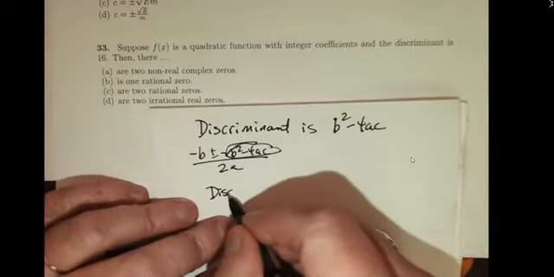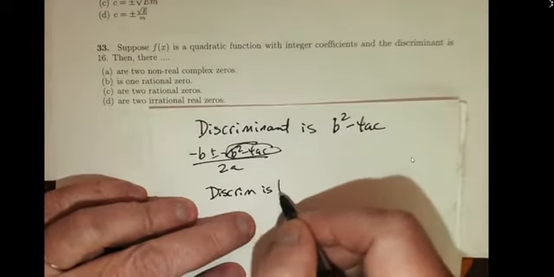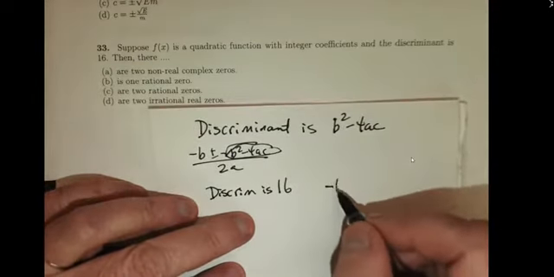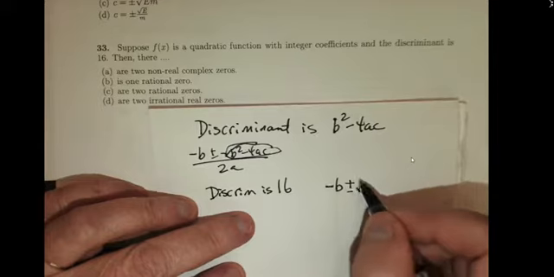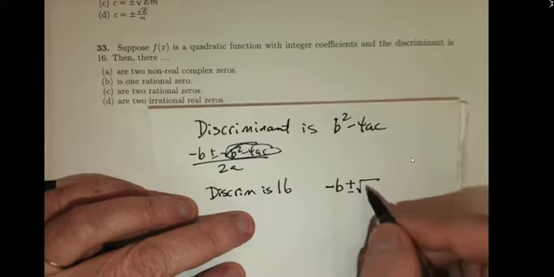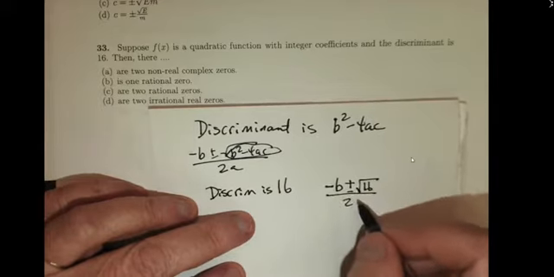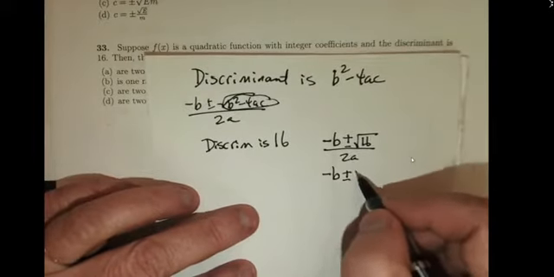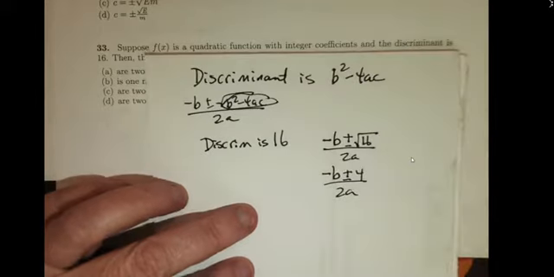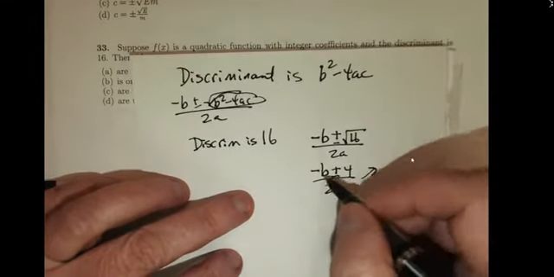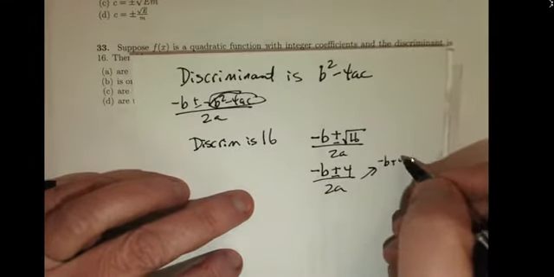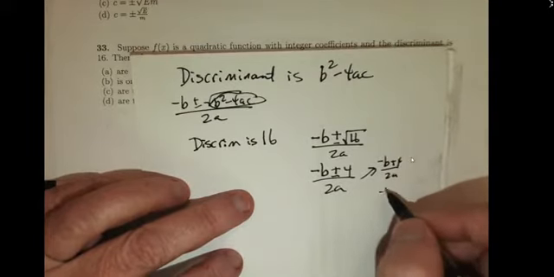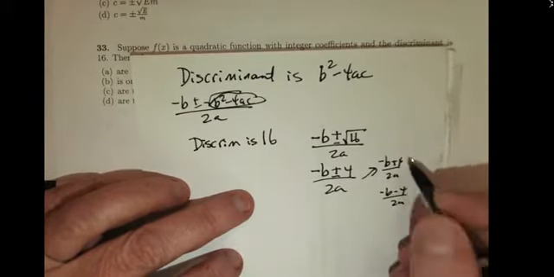So if the discriminant is 16, then you're going to have negative b plus or minus the square root of 16 all over 2 times a, but the square root of 16 is 4. So you'll have two answers, minus b plus 4 over 2a and minus b minus 4 over 2a.